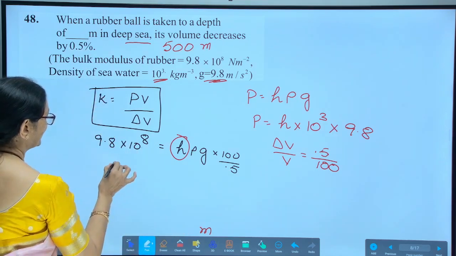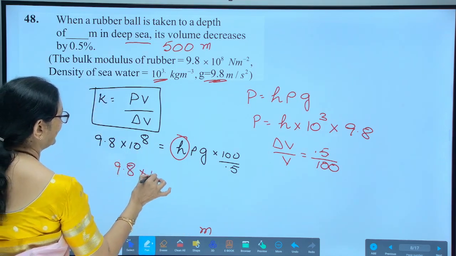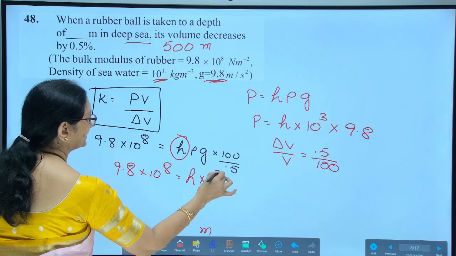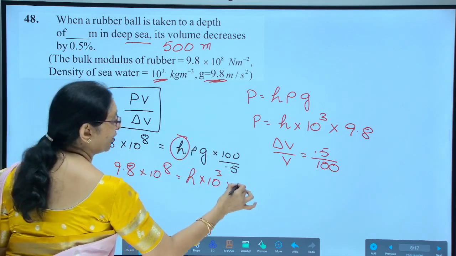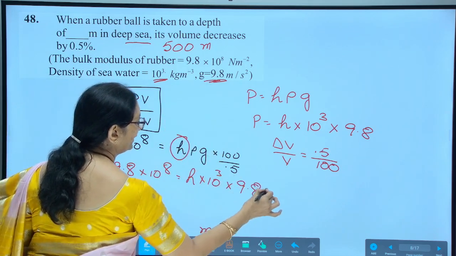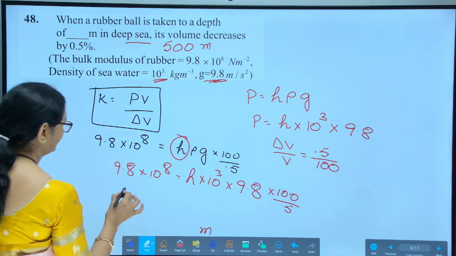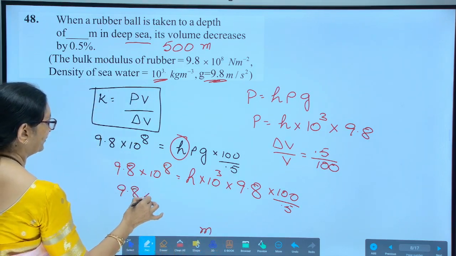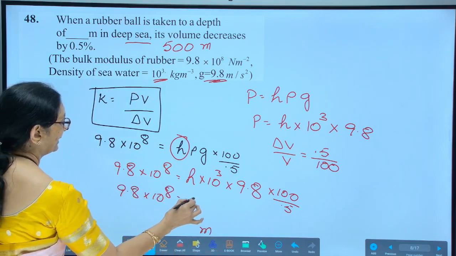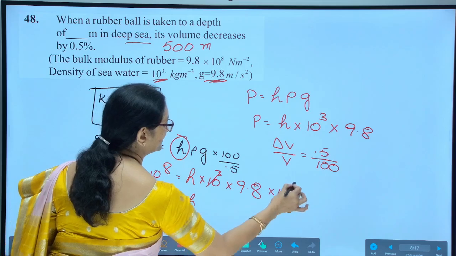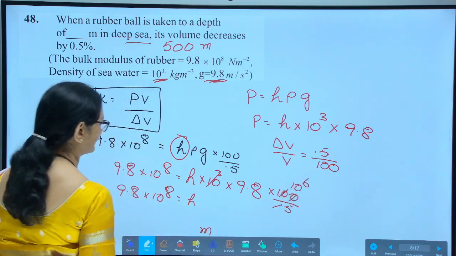Look here, substitution. 9.8 into 10 to the power of 8 is H, rho is given as 10 power 3. G is not given as 10, it is 9.8, into 100 by 0.5. So 9.8 into 10 to the power of 8 is H, 3, 4, 5. This comes to the numerator, 10 to the power of 6.